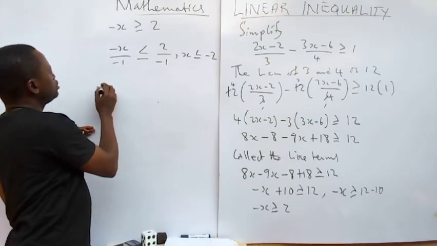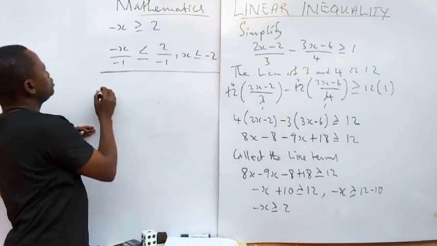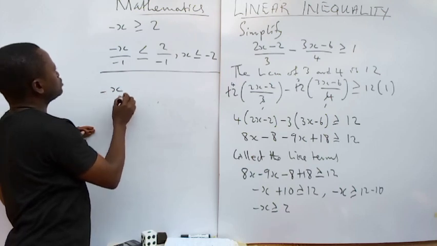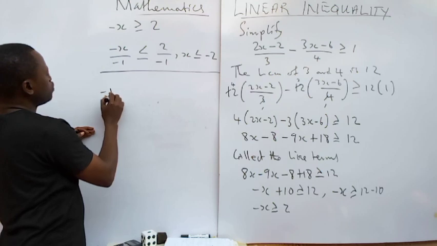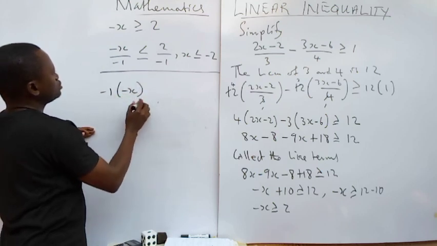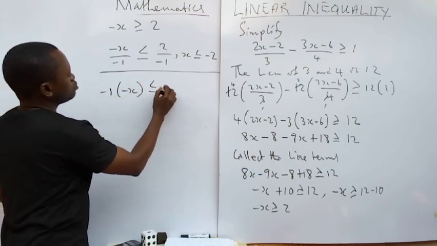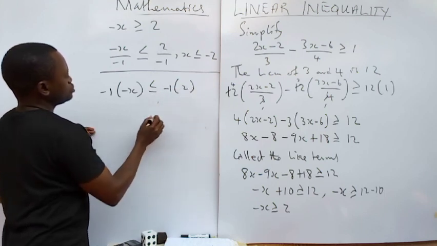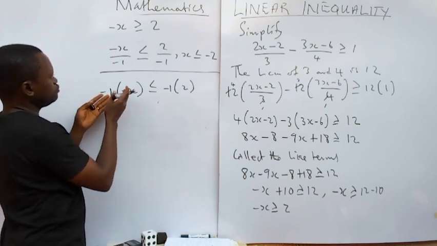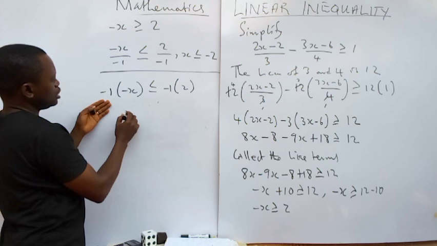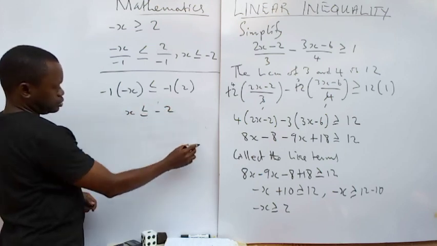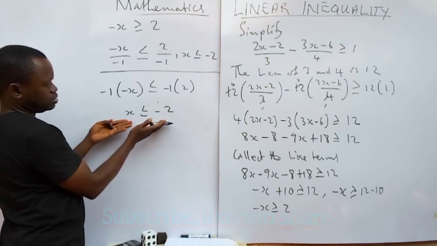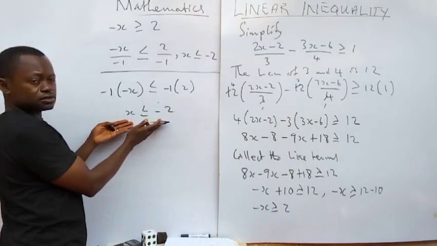Or if I say minus 1 in bracket (minus x), this will become less than or equal to minus 1 in bracket 2. So multiplying both sides by the same negative coefficient, this will become x less than or equal to minus 2. I think this explanation is well taken.